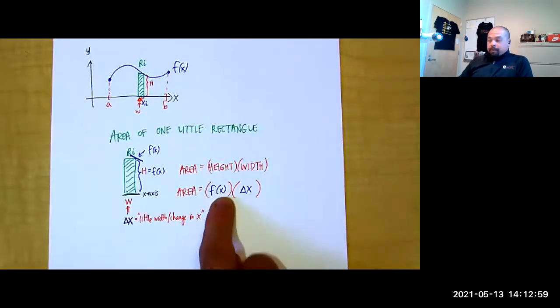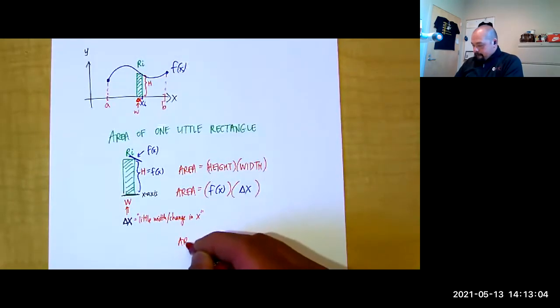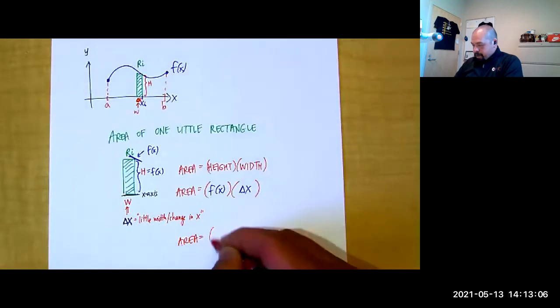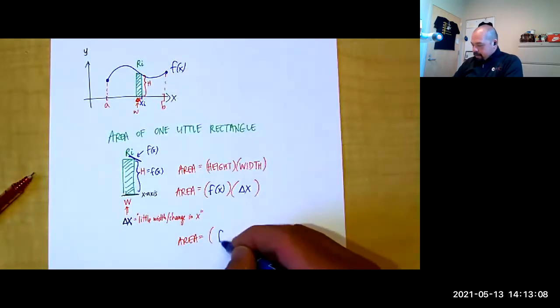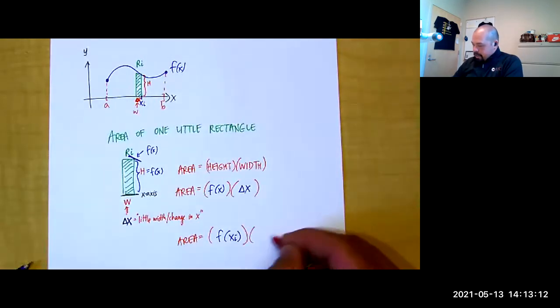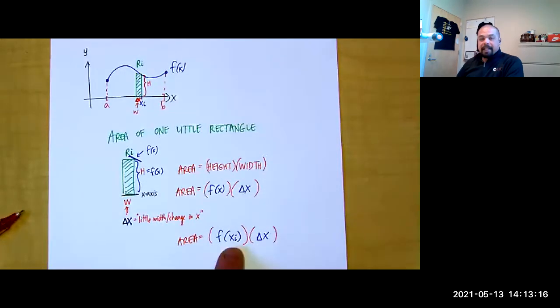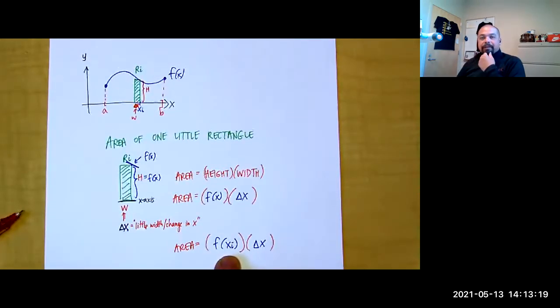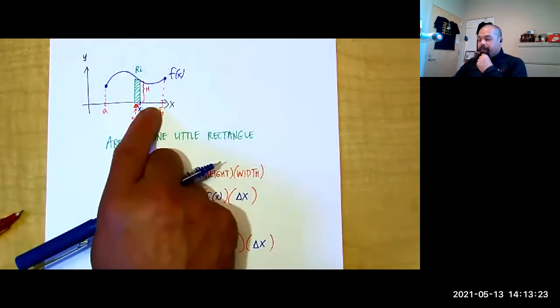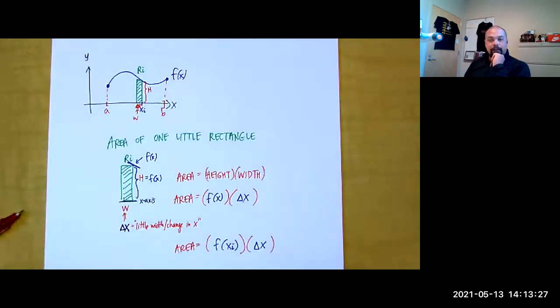So depending on what we're using for our x coordinate, we can call it f of x sub I times the delta x. Right, and this is just our particular, our representative, our index, because depending on what x value we're at, we're going to get a different height, of course, when we plug into that function.